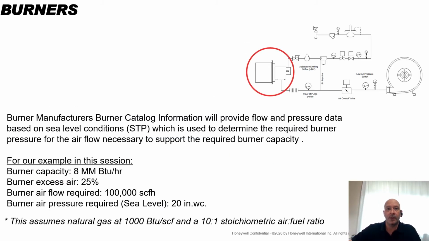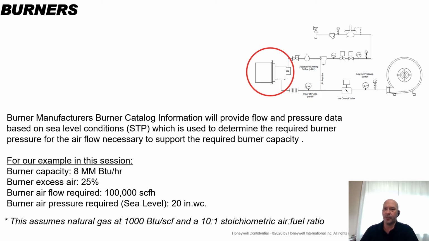When we look at the burner, manufacturers are generally going to catalog information, and that flow and pressure data is going to be based on what we call standard conditions: sea level conditions, standard temperature and pressure, STP. That's used to determine the required burner pressure for the airflow necessary to support the required burner capacity. In our example for this session, the burner capacity is 8 million BTUs an hour.